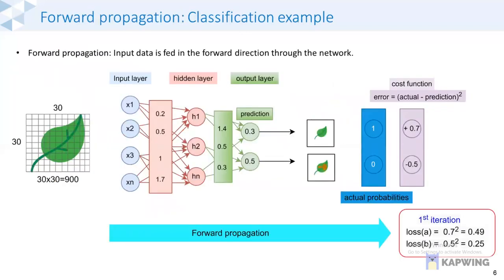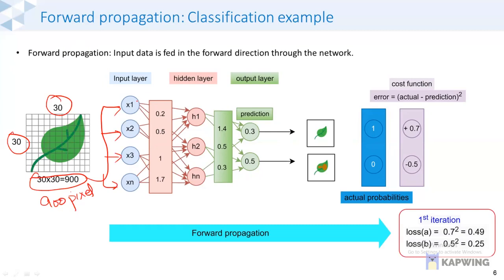Let us construct a simple neural network which can classify diseased leaves and non-diseased leaves. We have an image of a non-diseased leaf, and its dimensions are 30 by 30 pixels, so the total dimension is 900 pixels. These individual pixels are fed into the input layer.